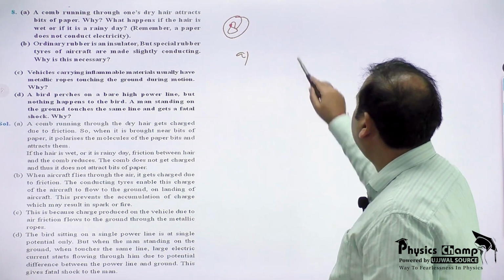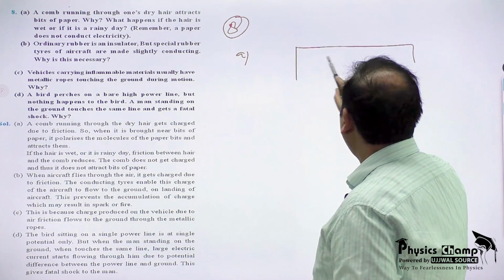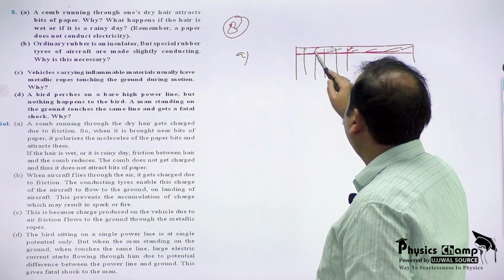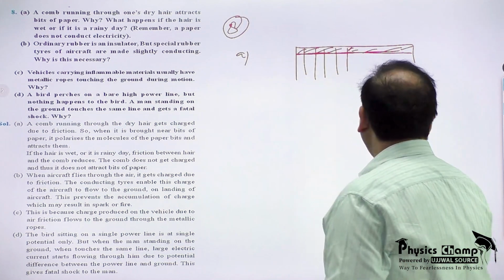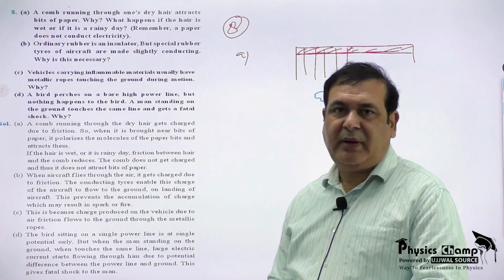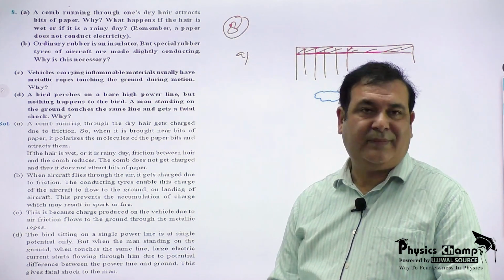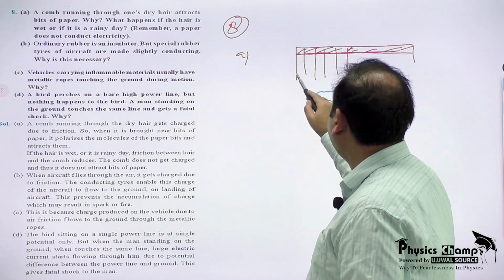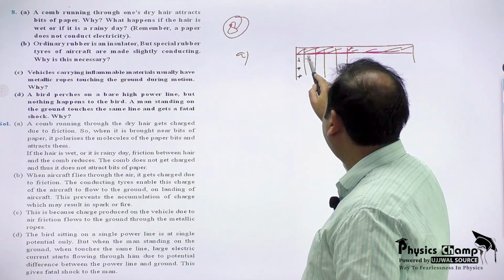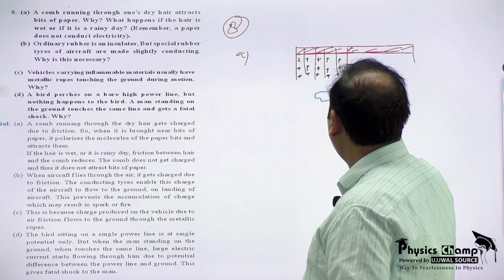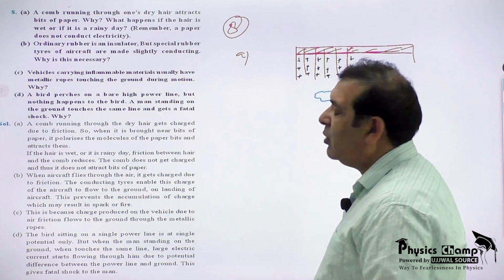Just imagine that you are passing a comb through dry hair, and then you are bringing some piece of paper near to it. What makes this piece of paper attracted? It is not conduction. Nothing is touched here. Charge is not transferred to this piece of paper, but yes, the comb, when it was moved through dry hair, was charged.